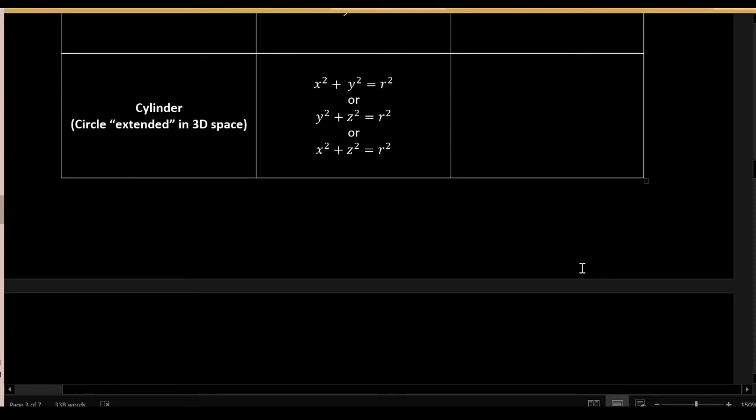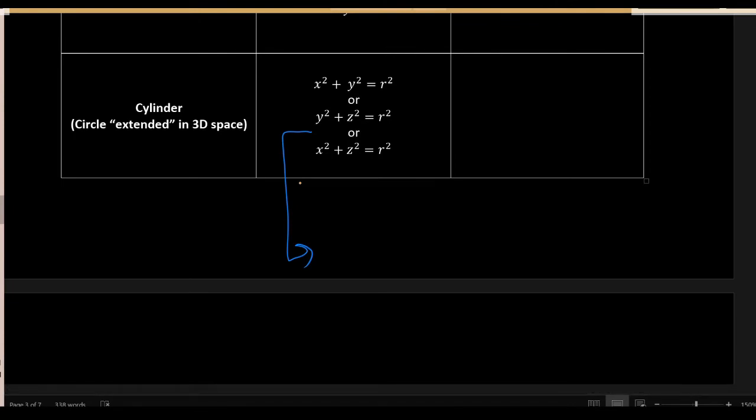A cylinder is a circle that's been extended and stretched out to live in three-dimensional space. Now, cylinders can be a little bit tricky because the equation of a cylinder looks exactly the same as the equation of a circle. Remember that a point is on the graph of an equation if the point makes the equation true.